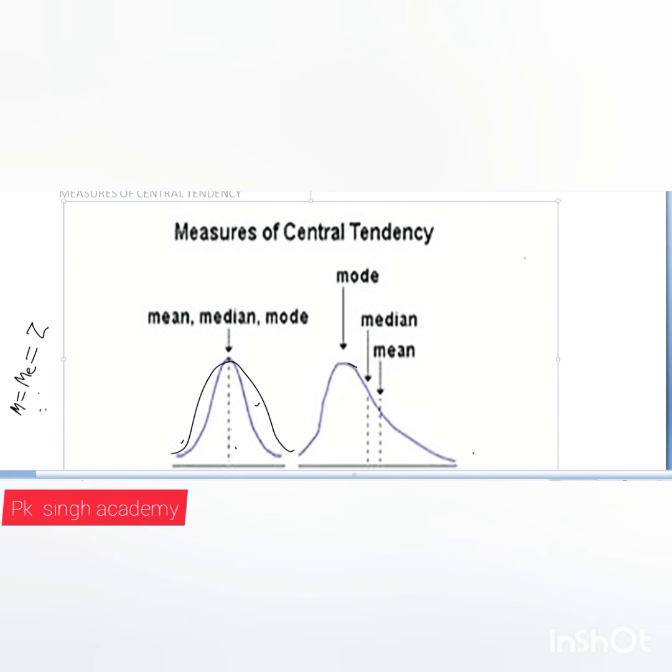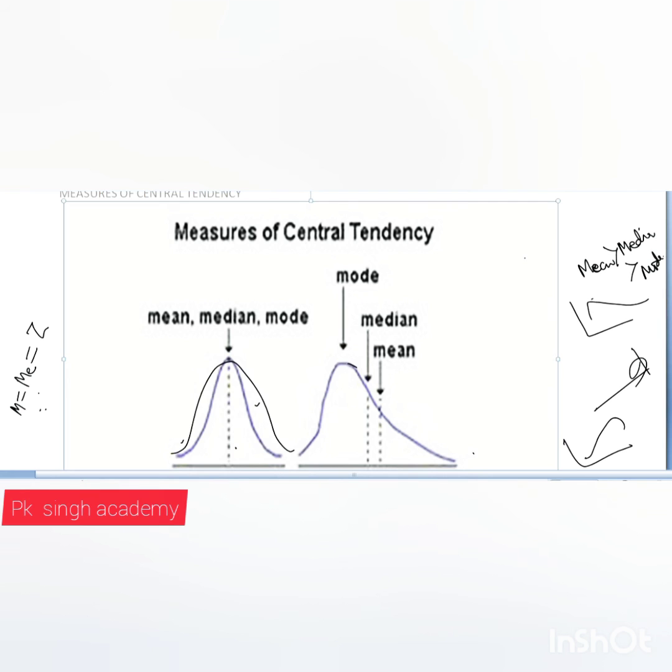Here we can see that it is right-tailed skewed. This figure shows a skewed distribution. Skewed means either it will be right-tailed or left-tailed. When it is right-tailed, the mean is greater than median, which is greater than mode.